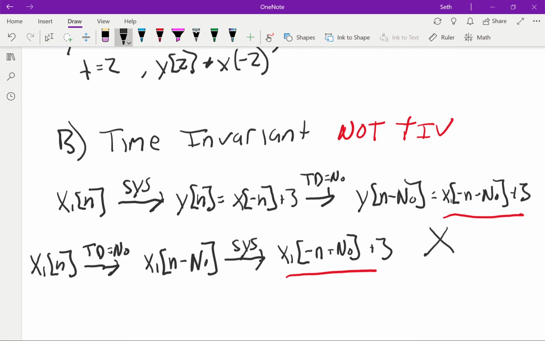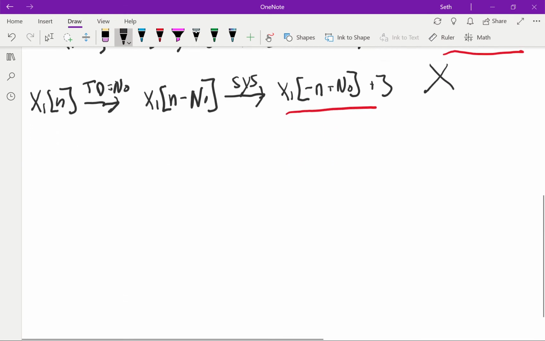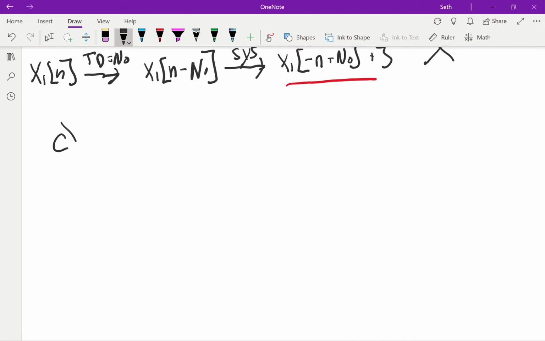Okay, so part C asks us to find whether the system is linear, and the system is of course given again by y of n equals x of minus n plus 3.